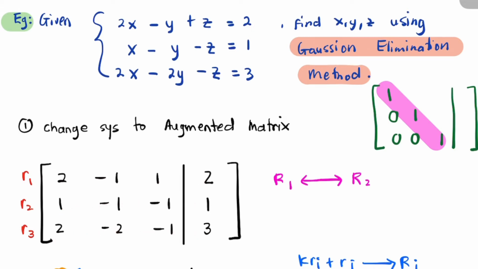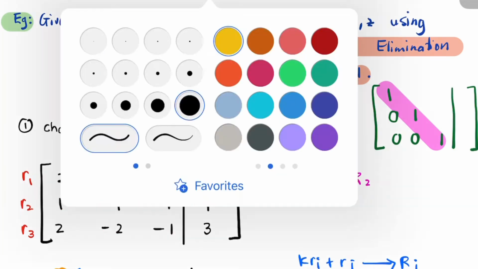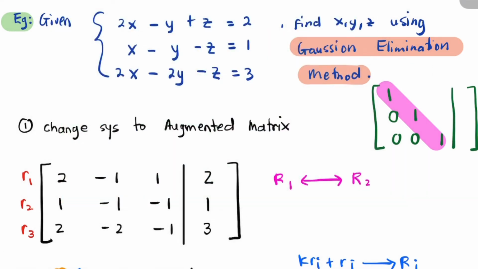Let us start off with the first one. We want to make this first term here 1. This is 2, so when we want to make this 1, we have two options. Either we multiply the first row by half, or we can see down here, do you have any entry with 1? Since we have this entry 1, we don't need to multiply the first row by half.